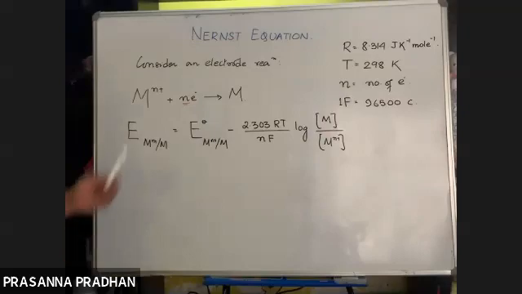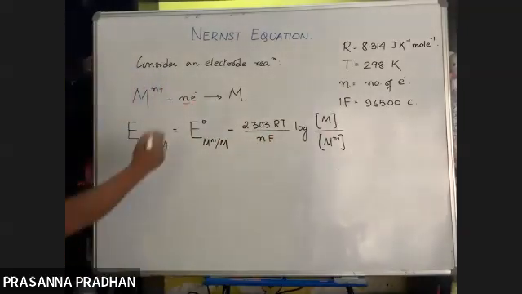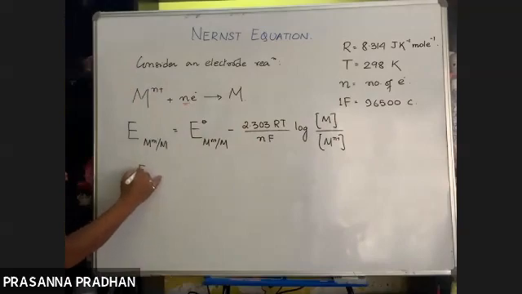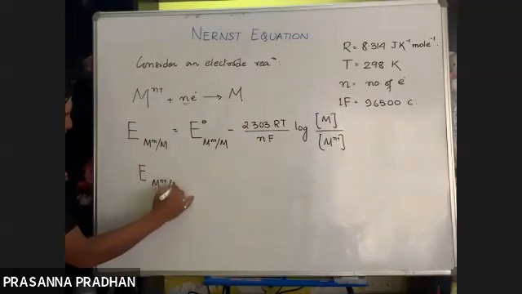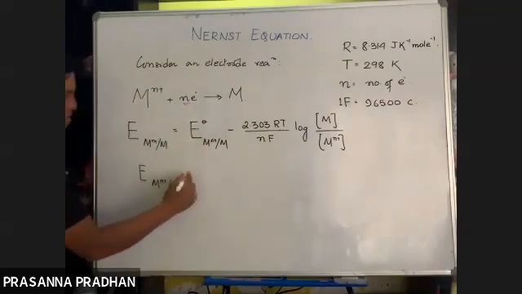So if I substitute the values of R, T, and F, I'll be getting E of Mn+/M. Remember, I don't have any naught sign here, so this is the cell potential, not the standard cell potential.